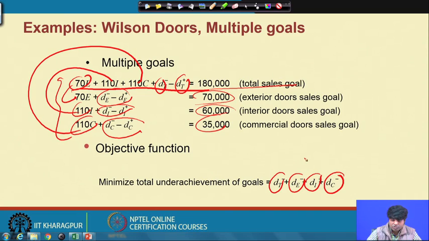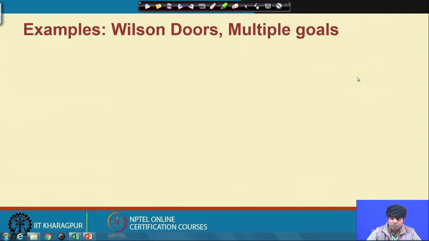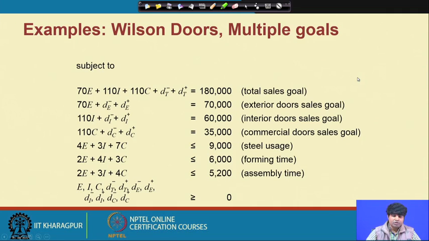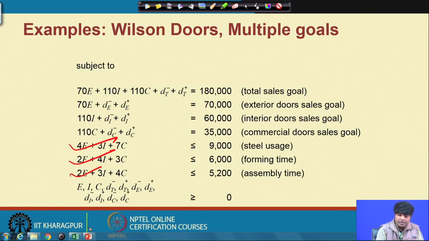Then corresponding to this objective function, the constraints will now be like this. Earlier we had these constraints, and now we have a new objective function corresponding to these goals, with respect to underachieve and overachieve. So, we have 4 different new constraints. The equality constraints will be added into the process, and then we look for the optimal solution.